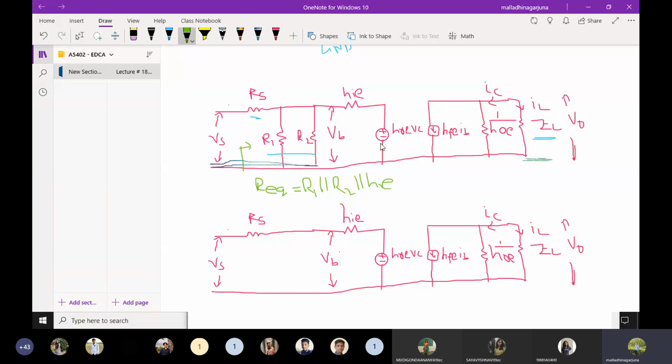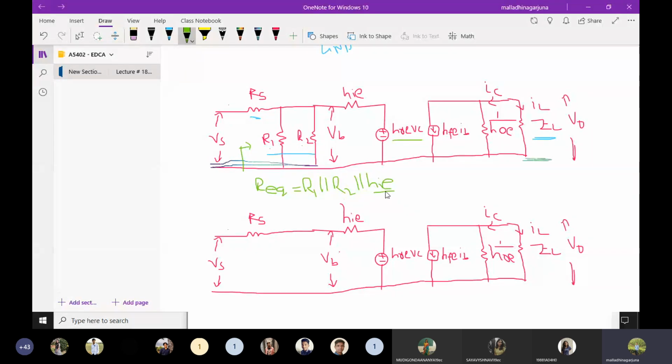We know that rule: DC sources short circuit, AC sources open circuit. This is the DC source, so we can short circuit it. Now what happens is R1 parallel to R2 parallel to HIE.